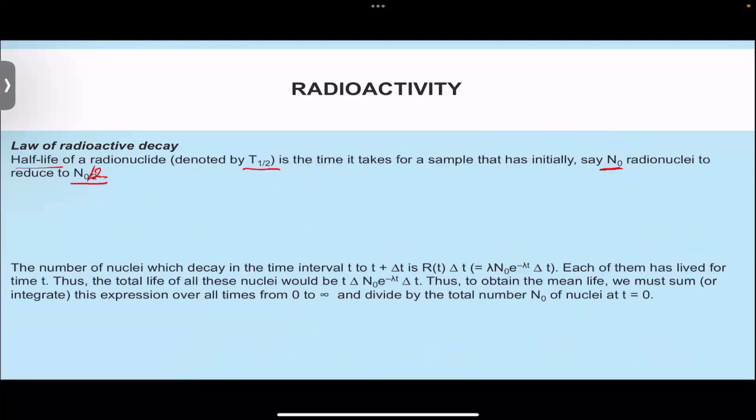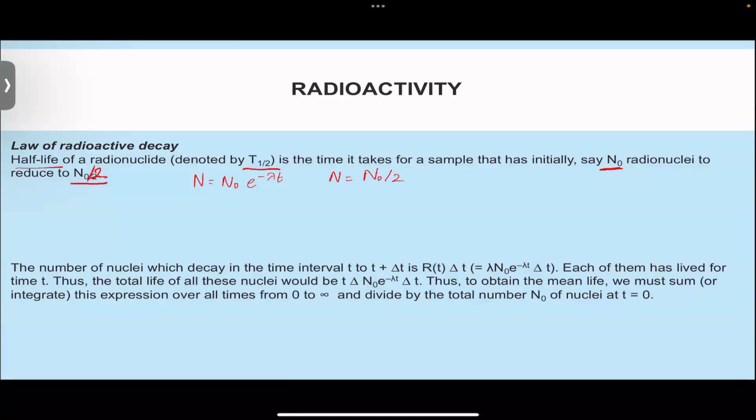First I'll just write it: n equals n0 e raised to minus lambda t. This is the equation that we are going to use. Now to understand the half-life, we consider the following. N is the number at any time t.